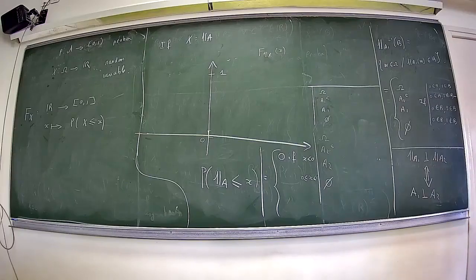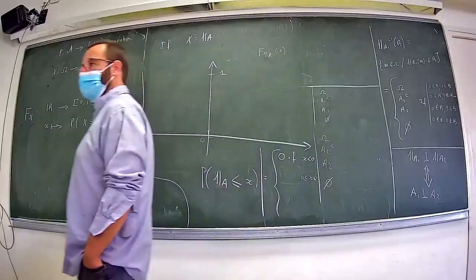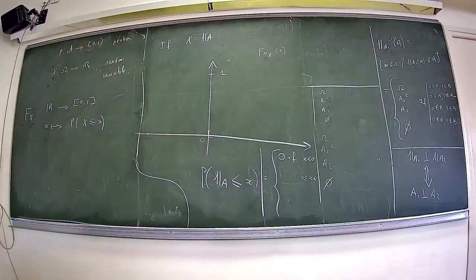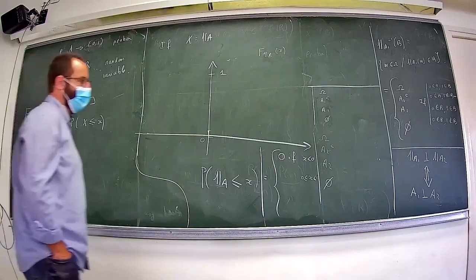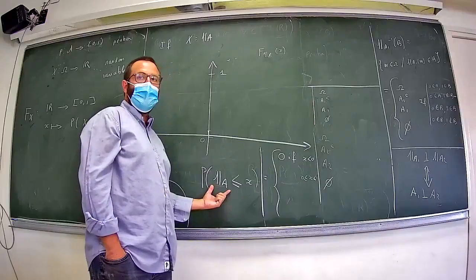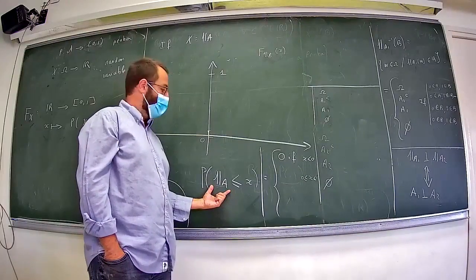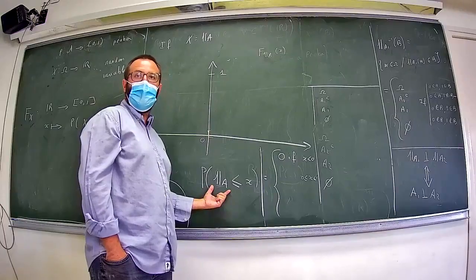My indicator function takes values in 0 or 1. It takes the value 0 when I am in A complementary. So my indicator function will be less than x, with x in this range, if it is equal to 0, that is when the argument belongs to A complementary.